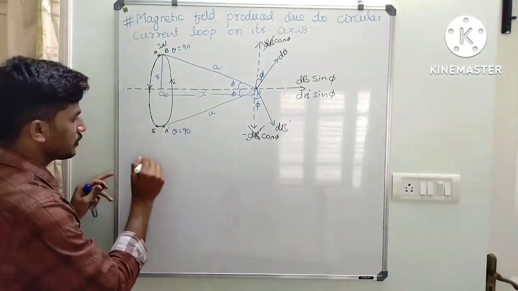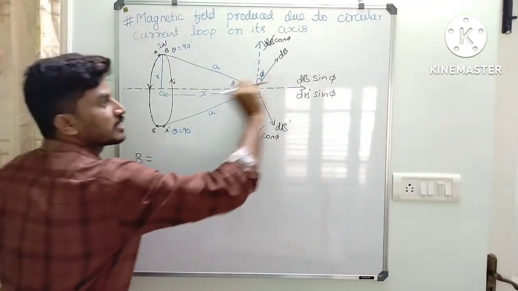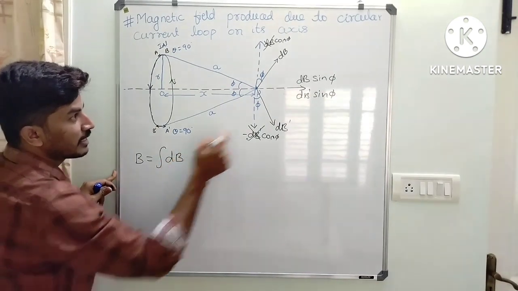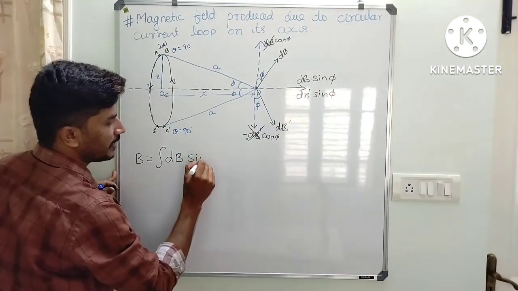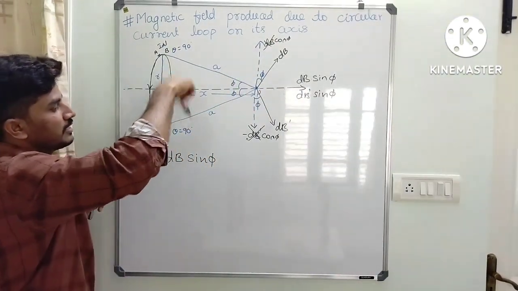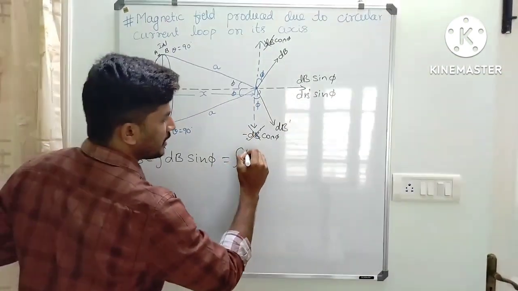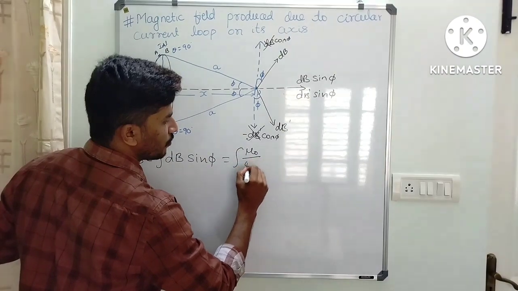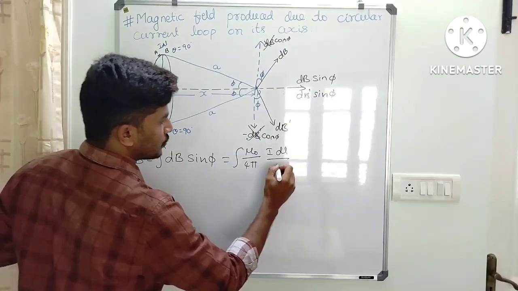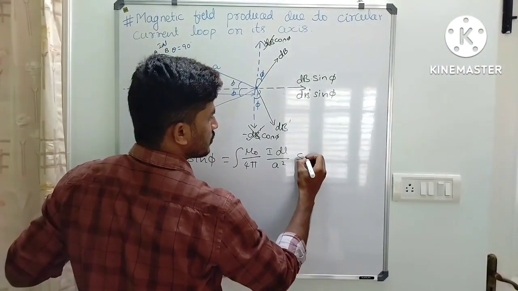Okay, now. The total magnetic field is given by the magnetic field components along the x-axis due to the whole conductor, that is the integration of dB sin phi, or dB dash sin phi, whatever it may be. So that is equal to the integration of dB sin phi. What is dB? dB is mu naught by 4 pi, I dl by a square, because this distance is a, and that into sin phi.